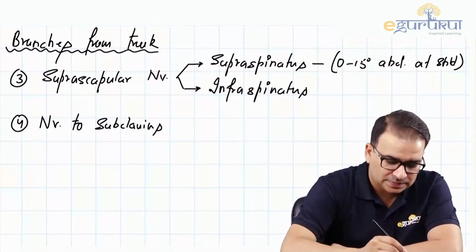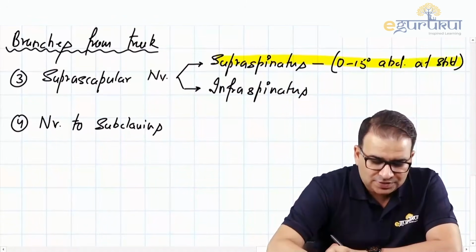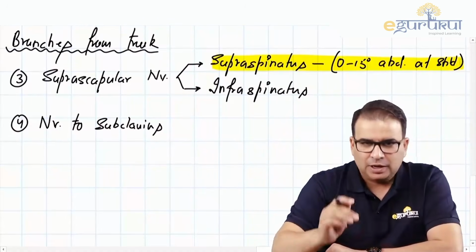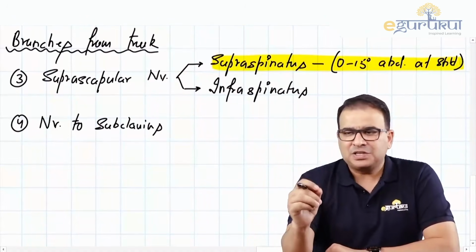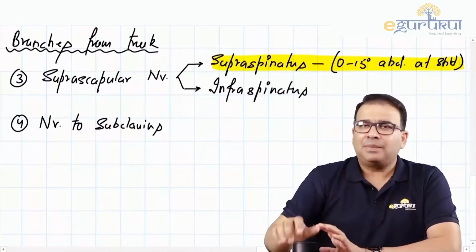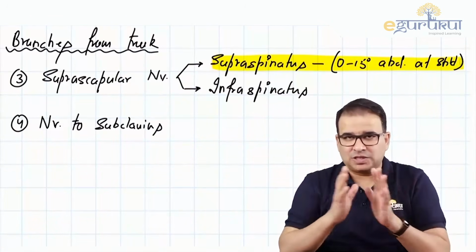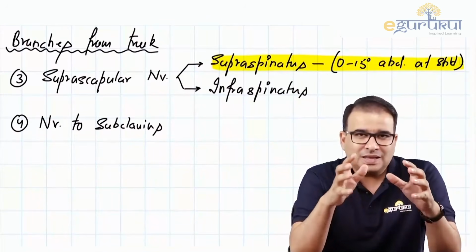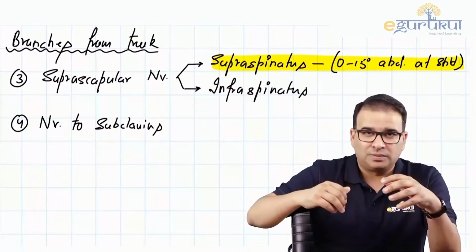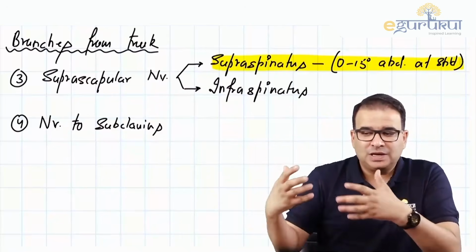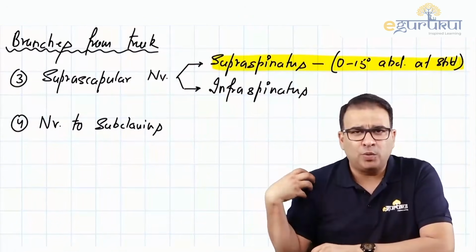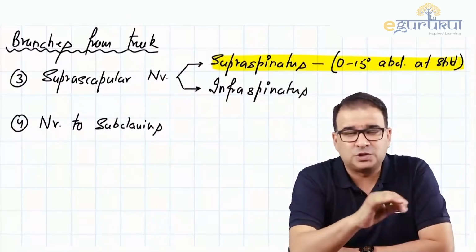The first 15 degrees of abduction, or the initiation of abduction at the shoulder joint, is the function of the supraspinatus. Now this gives rise to an interesting question. Let's say a patient is having difficulty in abducting the shoulder joint. Please listen carefully. If you simply say there is difficulty in abduction at the shoulder, then you will say it is because of deltoid muscle involvement, supplied by the axillary nerve. Different story.